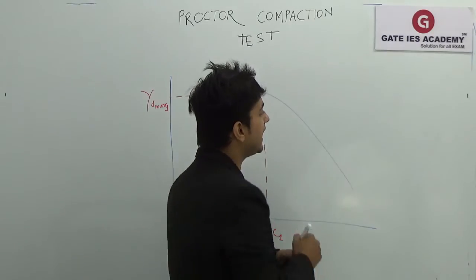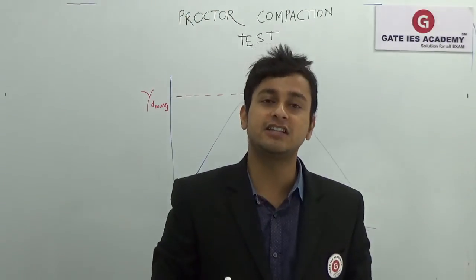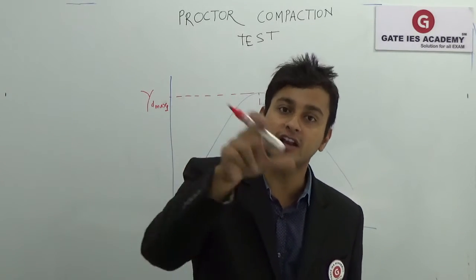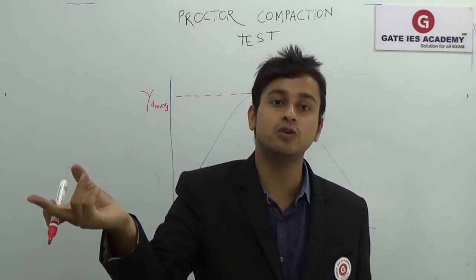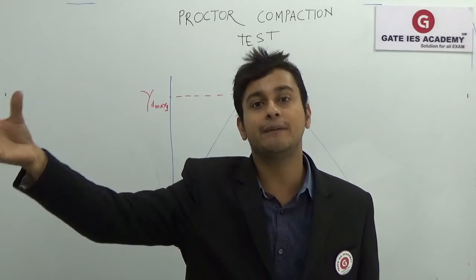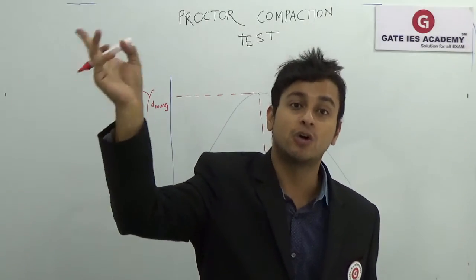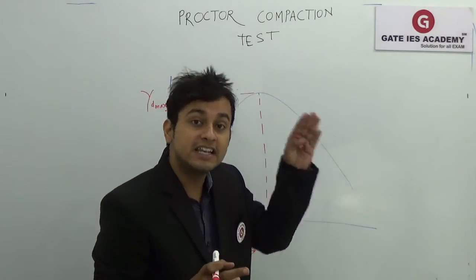The net water volume will increase, and the system which had solids in majority will now have water in majority. After some limit, the water tends to break off the system and becomes more dominating than the soil solids. That is why your gamma d, or the dry unit weight, decreases.